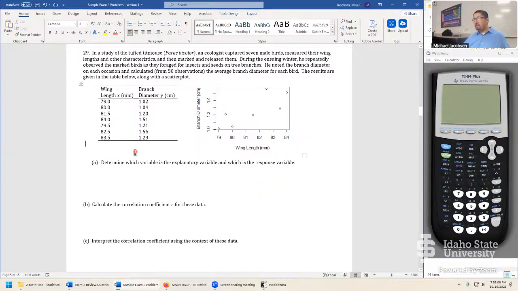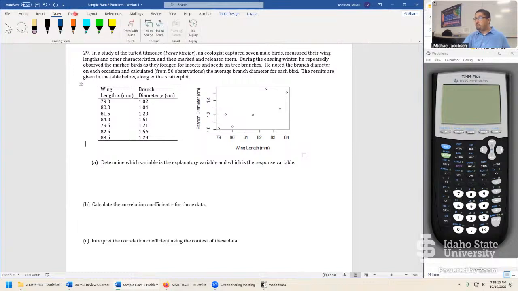So, like we mentioned, there's usually no tricks behind this. The explanatory variable can oftentimes just be spotted by the way the table's formatted or the way the scatter plot's formatted. We just have to name it. Anyone see what it would be?